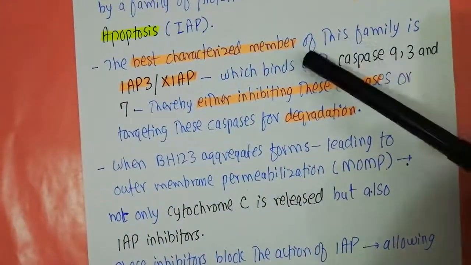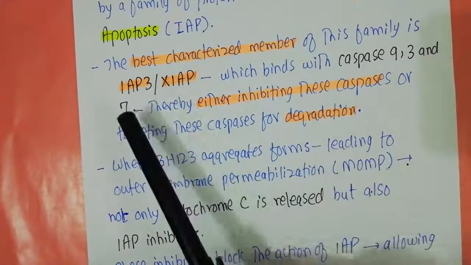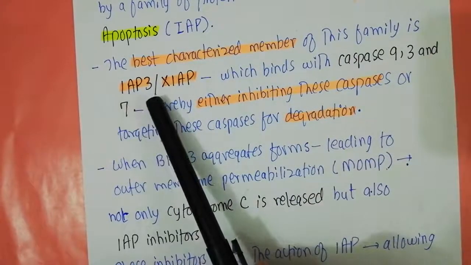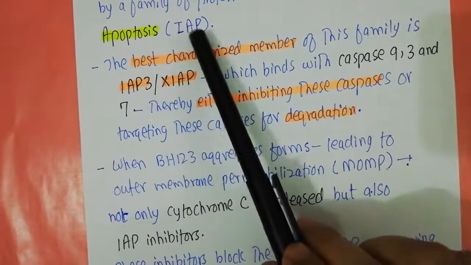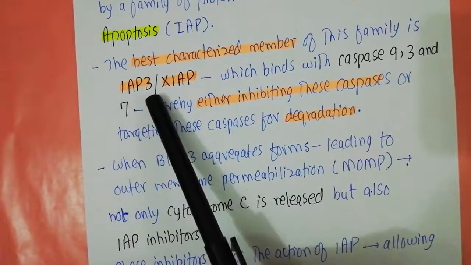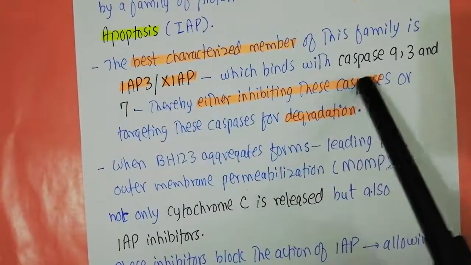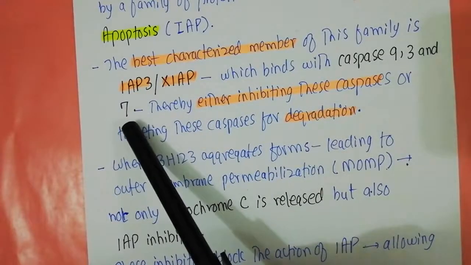Now the best characterized member of the inhibitor of apoptosis family is XIAP. This is one of the members of the IAP family which has been best characterized, and this XIAP binds with caspase 9, caspase 3, and caspase 7.